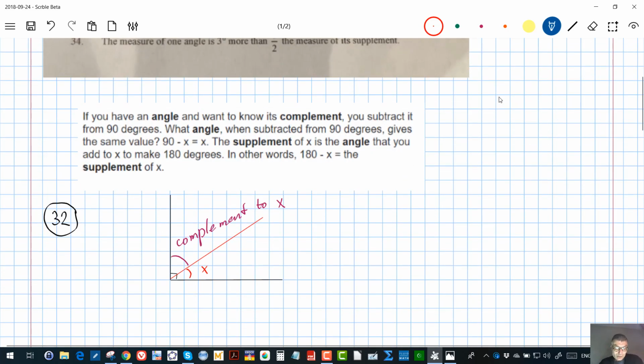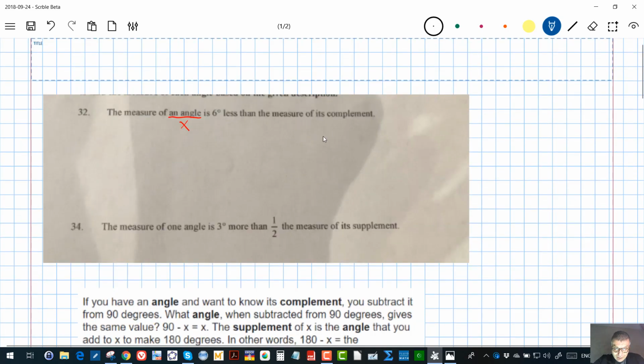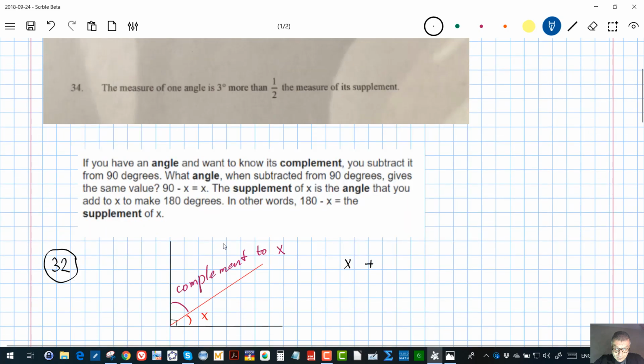So we have to understand that our equation in this case is x plus, we understand that the measure of the complement is x plus 6.